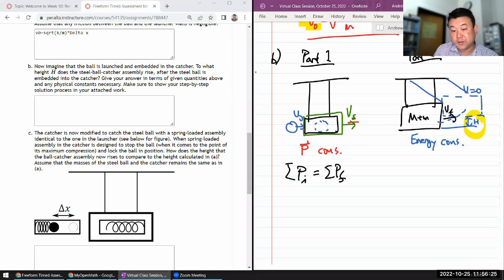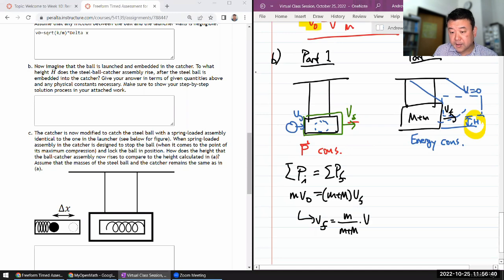Total initial momentum is small m v naught, equal to the total mass, small m plus big M, times v final. So v final is equal to the ratio of the masses times v naught. Pretty simple. With these questions, the hard part is the conceptual part. The math part is actually pretty simple. That's what I love about conservation law strategies.